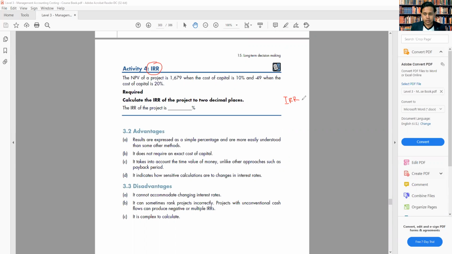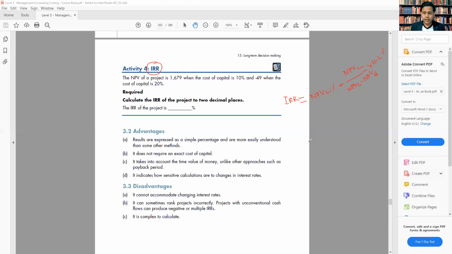So IRR equals NPV lower percentage plus NPV lower, over NPV lower minus NPV higher, times higher minus lower percentage.